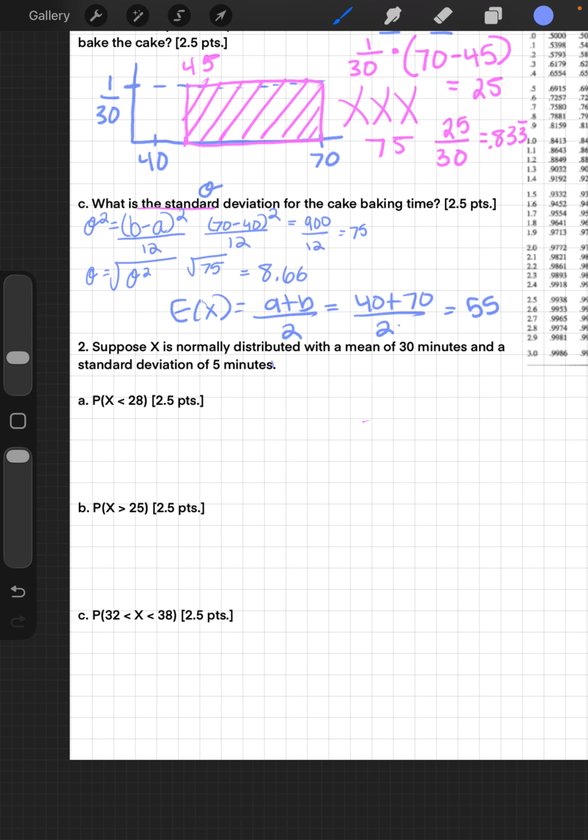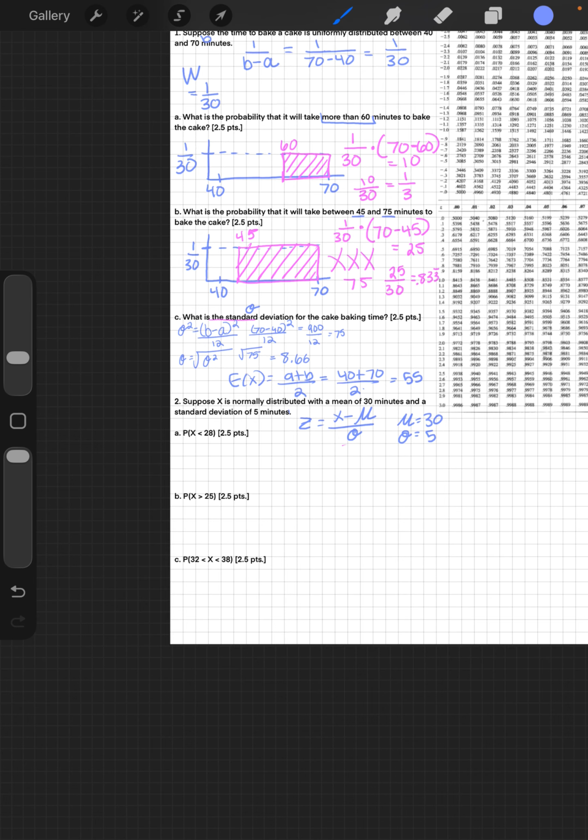Now we're going to do some more z-scores. Z-score formula is always x minus our mean over our standard dev. And right now, our mean is 30 and our dev is 5. Okay.